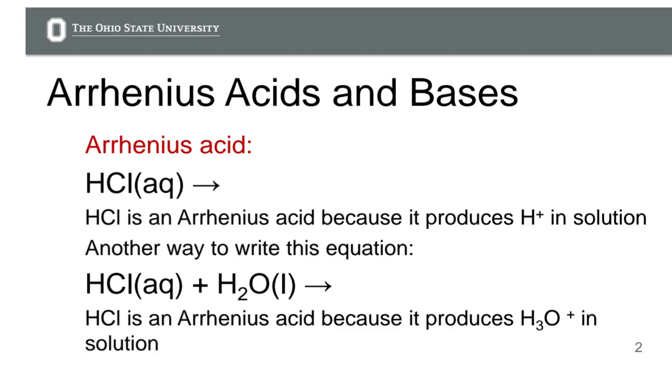Some definitions of acids and bases. All right, so we are going to look at these, and they're going to increase in their inclusiveness, these definitions, and somewhat in their complexity. So the Arrhenius definition of an acid is a substance that produces H+.